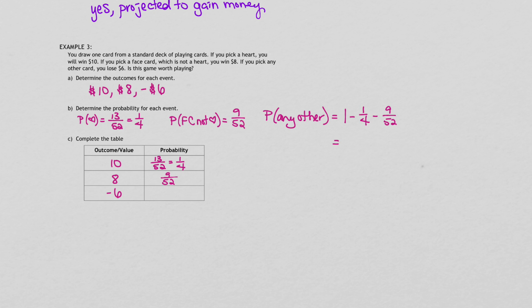And I'm going to leave that as 13 over 52, so we have a common denominator. And change the 1 to 52 over 52. So 52 minus 13 minus 9 is 30. That does reduce to 15/26.